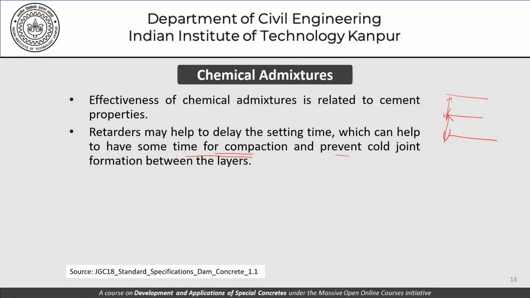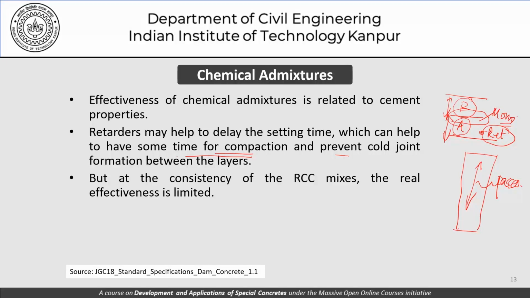Now, before this layer B is placed, we would like to have enough time to be able to compact layer A. And since we are talking of a situation where this layer A could be spread over a large area, and we need to have time to move the vibratory roller back and forth for a certain number of passes, and at the same time ensure that this interface between layers A and B behaves monolithically, we probably need to have retarders here, which will give us more time to compact this completely before we are ready to place the layer B.